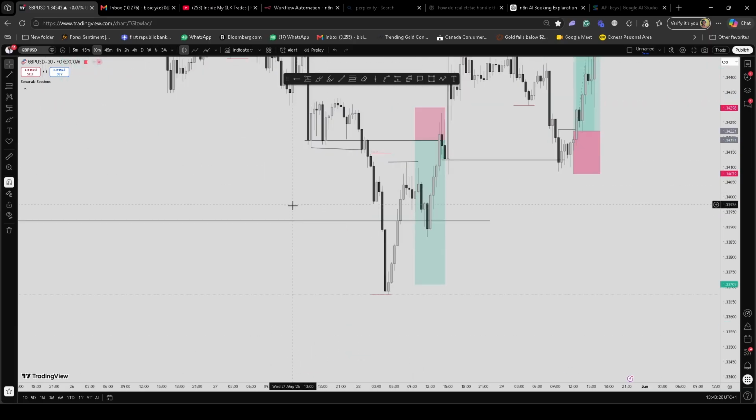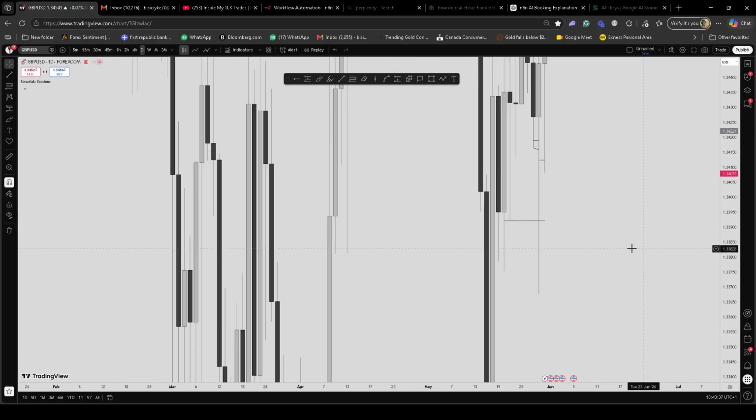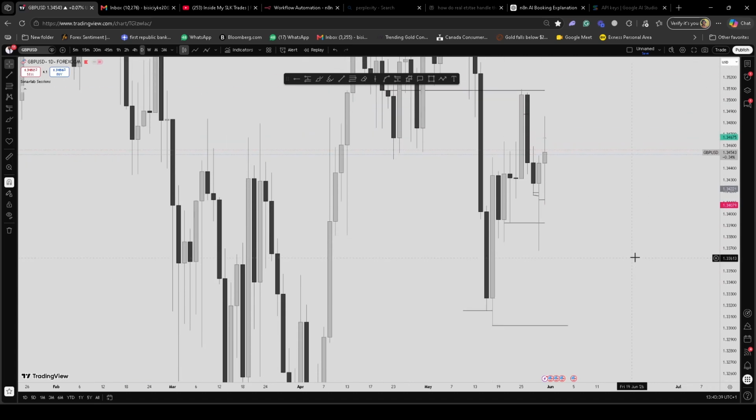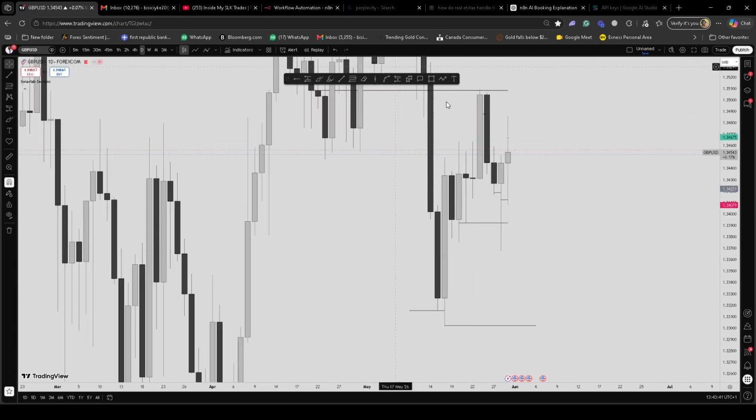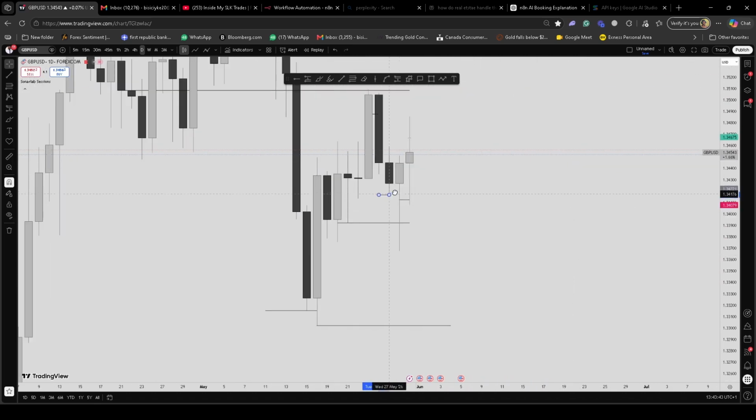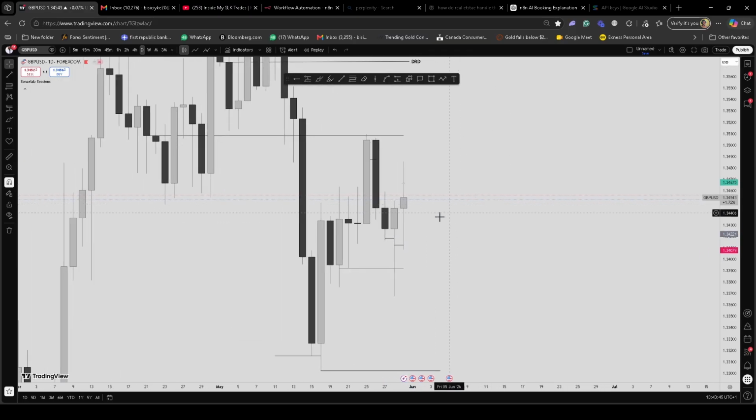Now the reason why I encountered this loss was because if you look at the daily time frame, this is what happened. Price was trying to do a pullback, because whenever price takes out a previous candle, always expect a reversal or a pullback.